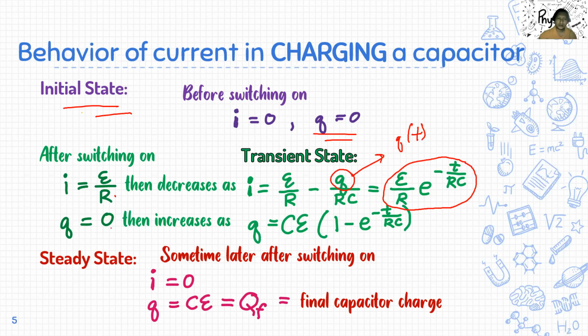So ang charge po nimo after switching on, nagstart siya 0 kay mag-charge pa man ka. So mo increase ang charge sa imong capacitor according to this equation. I haven't shown you the derivation to this because it requires a knowledge of integration, which by now would be too hard for you to grasp.